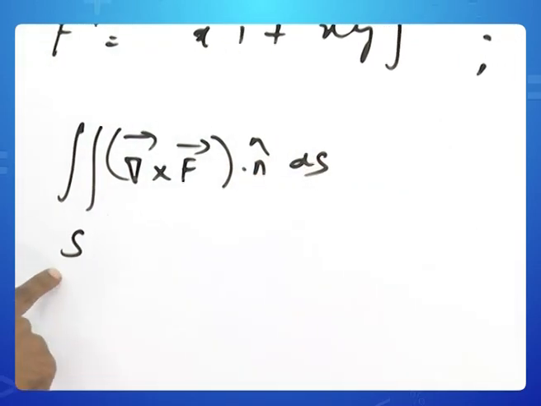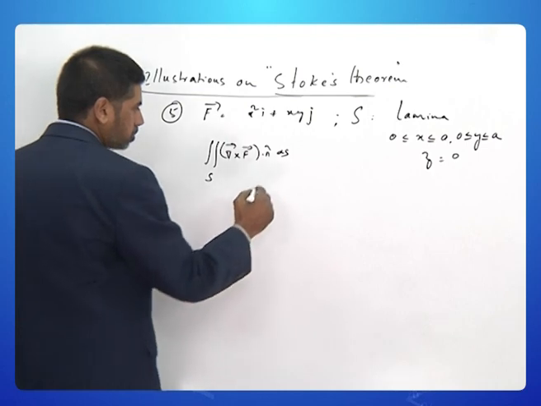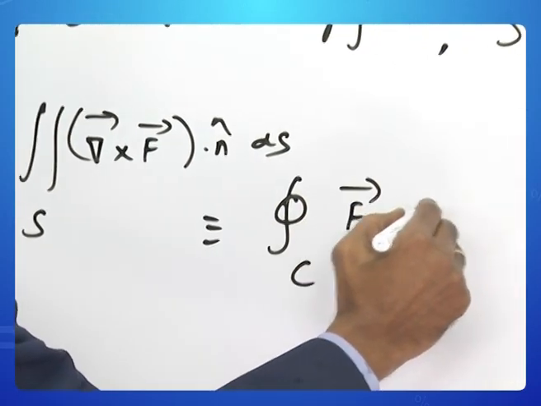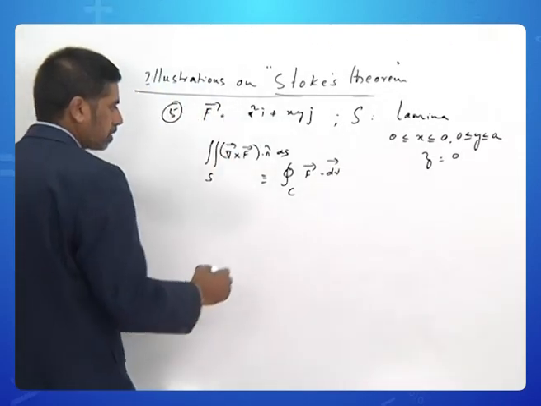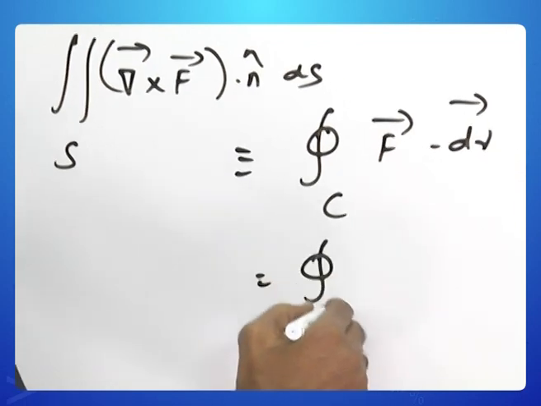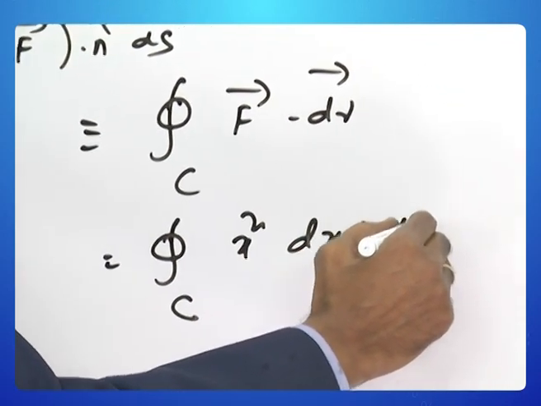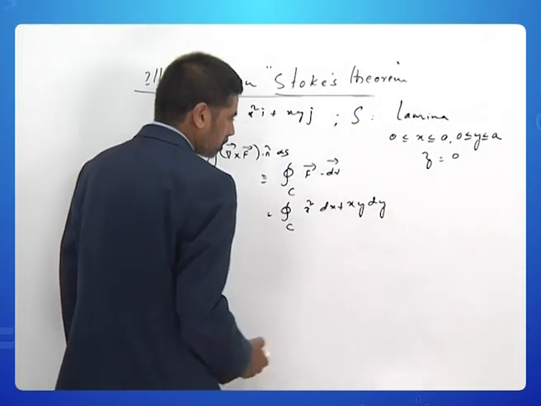Let us not forget S is an open surface, of course it's a lamina, so this will be identically equal to closed line integral f dot dr by the Stokes theorem. This is nothing but closed line integral x square dx plus xy dy, and the k component does not exist.